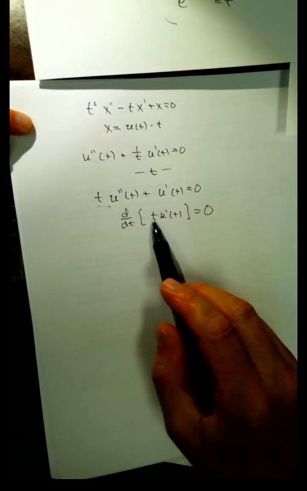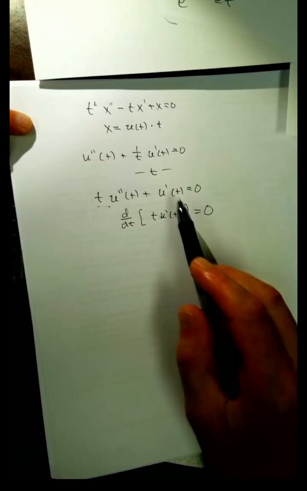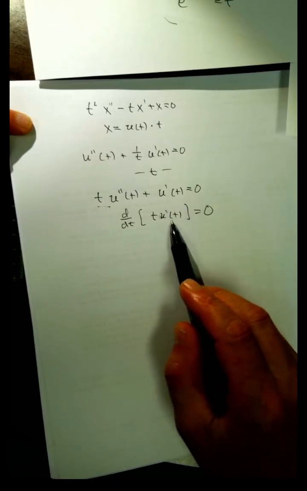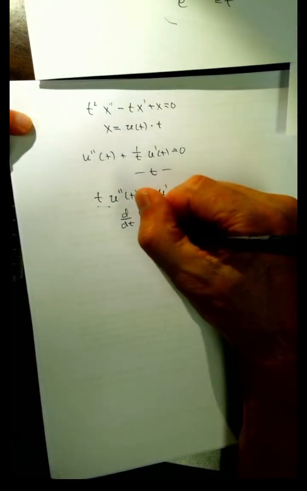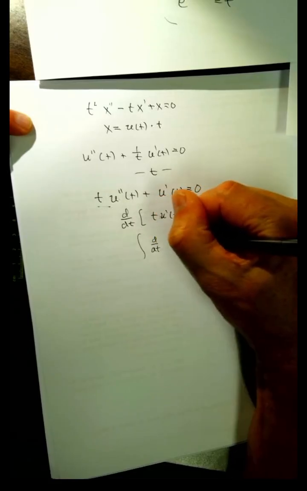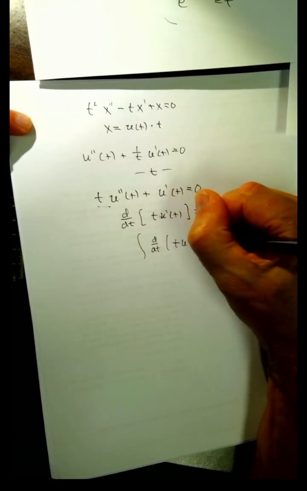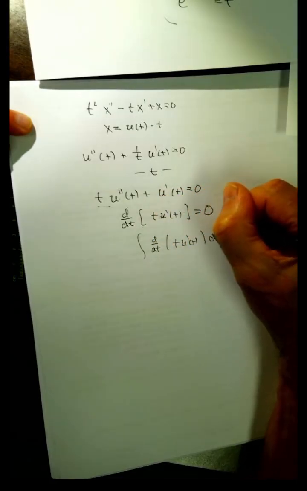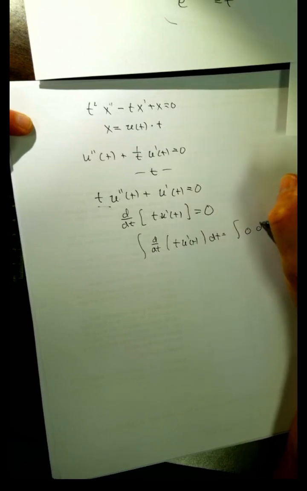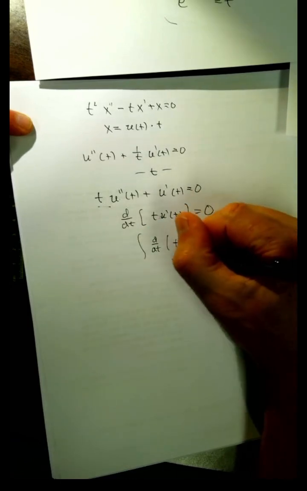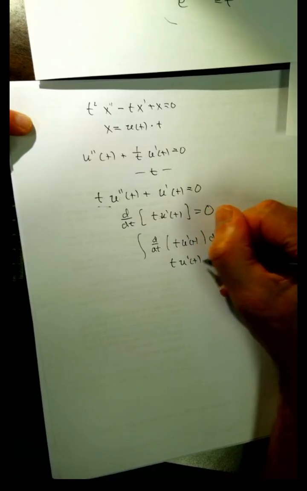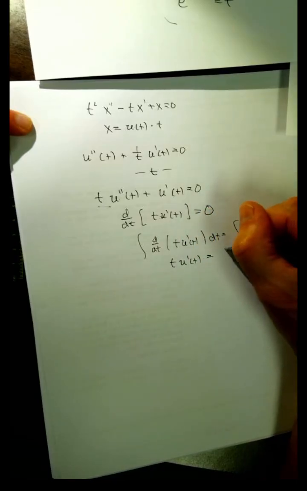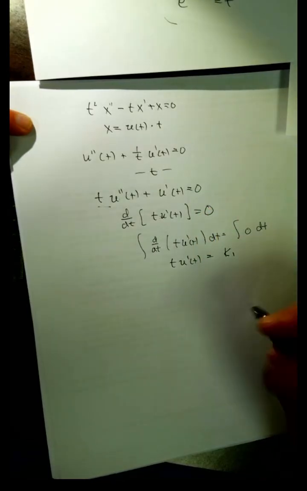Is that right? So if I take the derivative of this, I get u prime plus t times the second derivative. If I take the antiderivative of both sides, the antiderivative of the derivative is just t u prime. Antiderivative of 0 is just some constant k1.